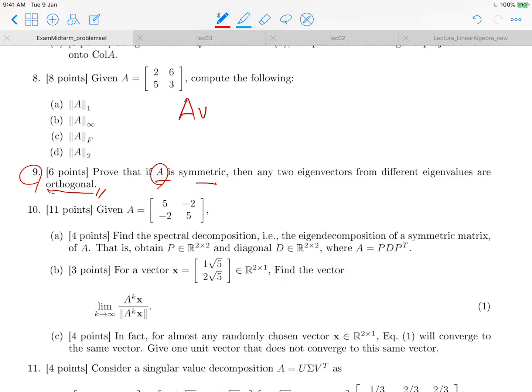Suppose A is symmetric, and A times V1 is lambda 1 V1, and A times V2 is lambda 2 V2.